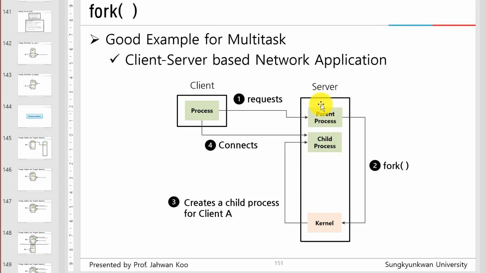Therefore, in a multiple processing environment, many client requests with multitask can be handled simultaneously. Simultaneously means at the same time. So, at the same time, many client requests can be handled in the multiprocessing environment.